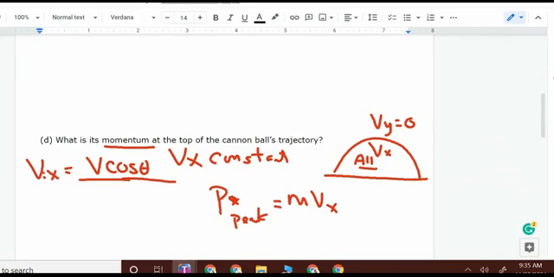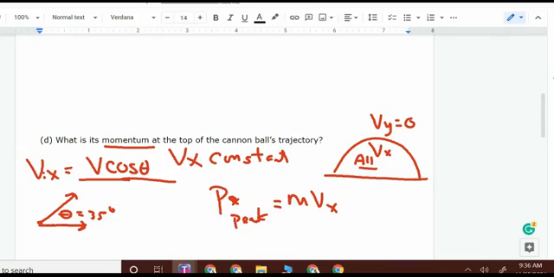Okay, that's a good one, huh? That's kind of an AP one. So what does that turn out to be? Why is it V cosine theta?